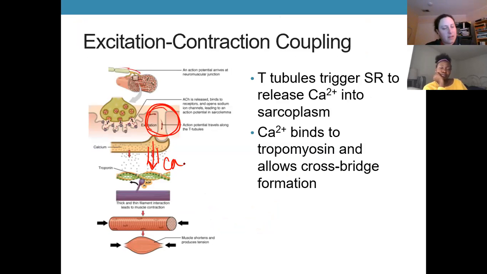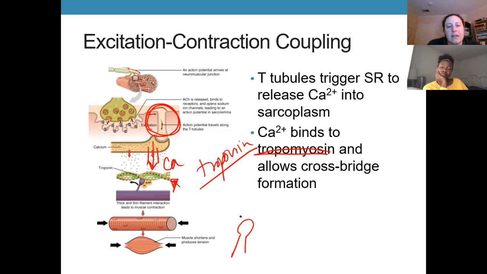And so then we set up the conditions that allow for cross-bridge formation, because calcium binds to troponin. Troponin allows tropomyosin to move off of the myosin binding sites on actin, and now the actins and the myosins are able to bind together, and that is cross-bridge formation.